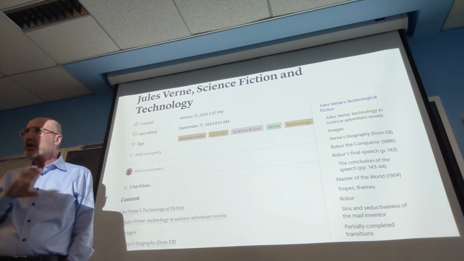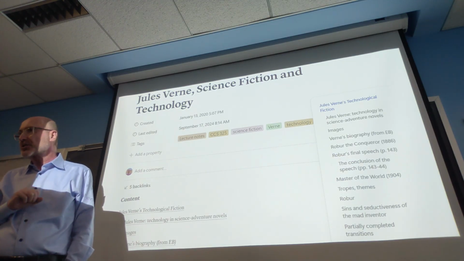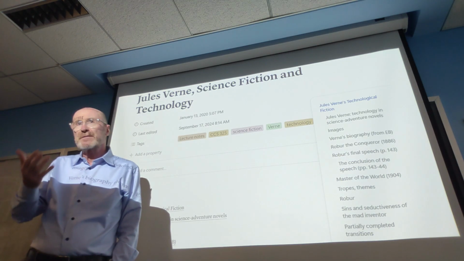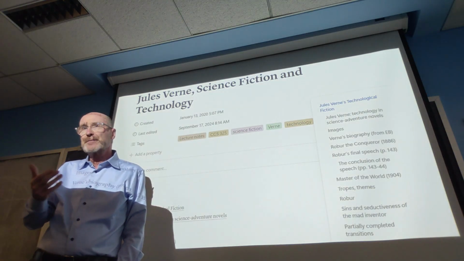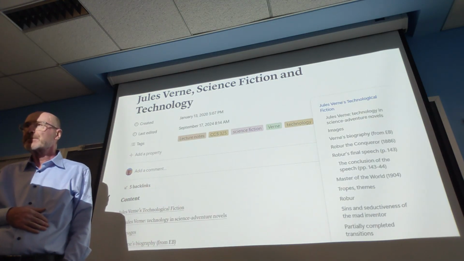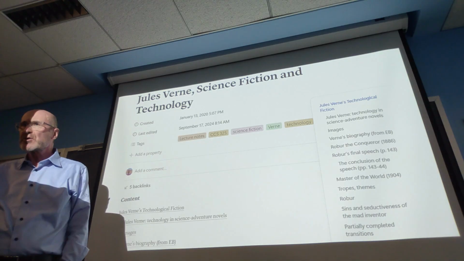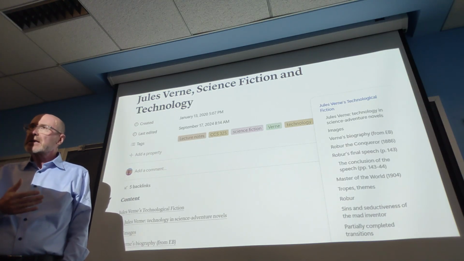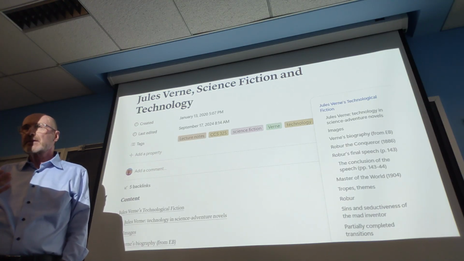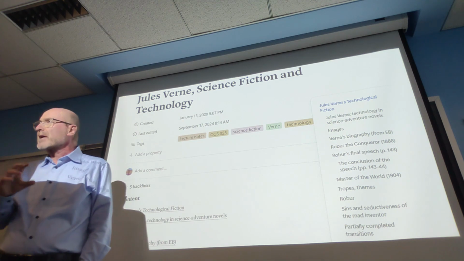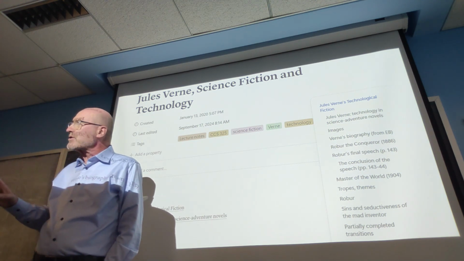in the works of a famous science fiction writer, one of the founders of the genre of science fiction, French writer Jules Verne, who was very popular during his time and into the 20th century. His books were usually global bestsellers.